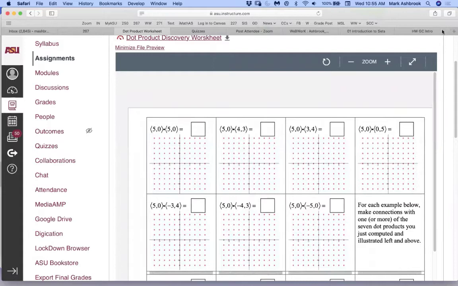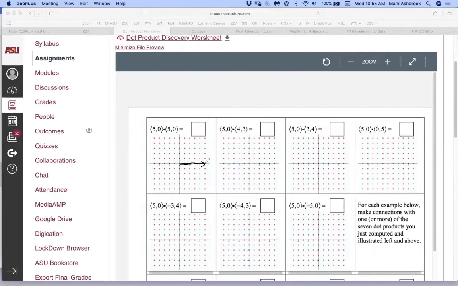So let's go back here. Can you see the worksheet? Yes. All right, and so you drew the original 2 vectors for all these, and then you found the dot product. So those are both 5, 0 and 25, then 5, 0 and 4, 3, and you got 20, and then 5, 0 and 3, 4, and you got 15, 5, 0, 0, 5, you got 0.